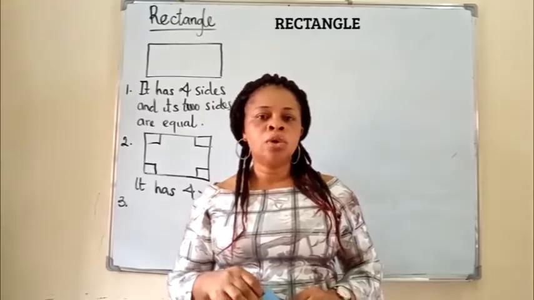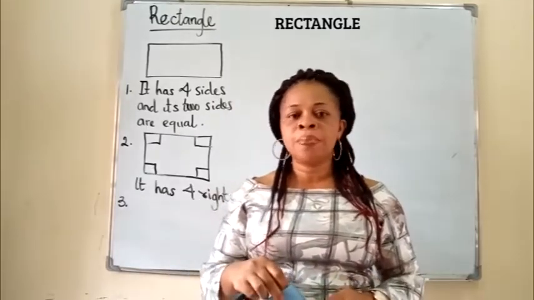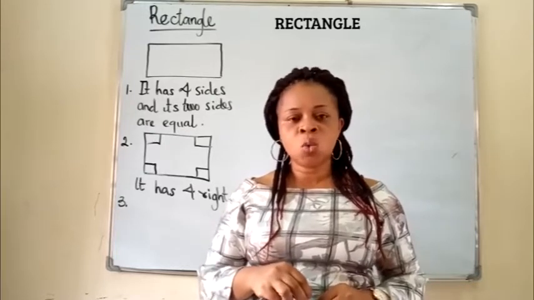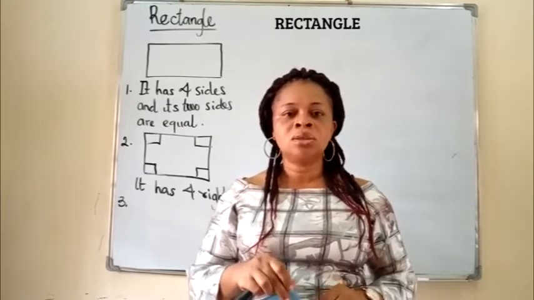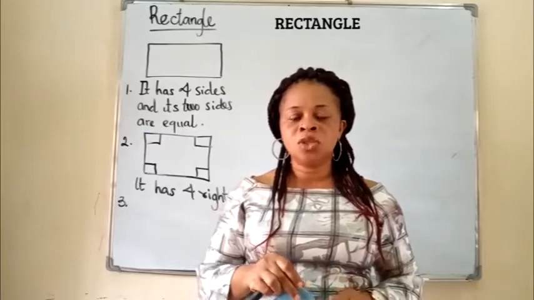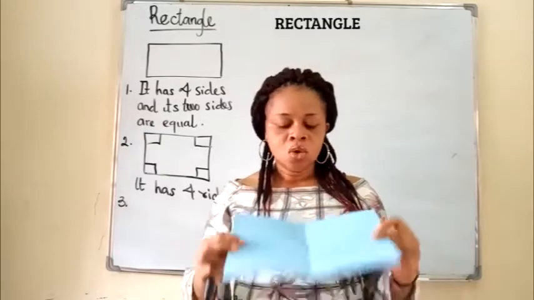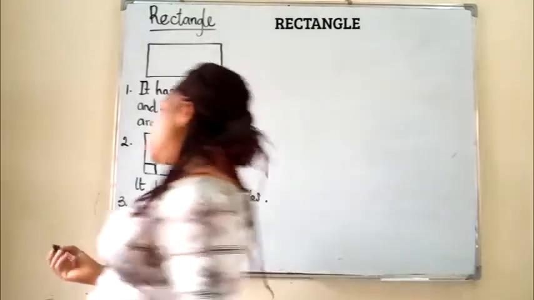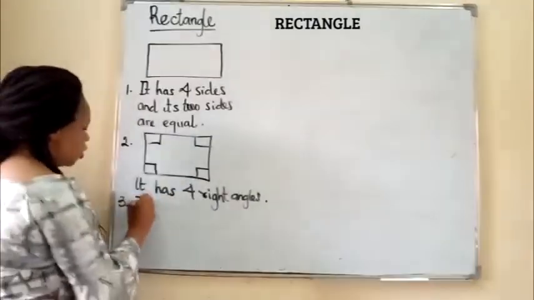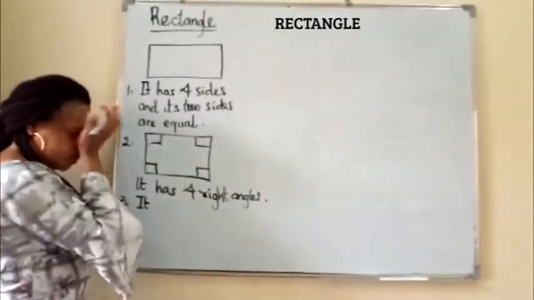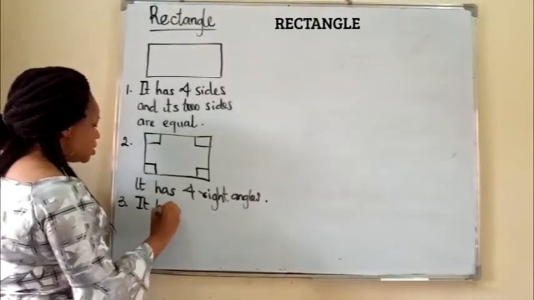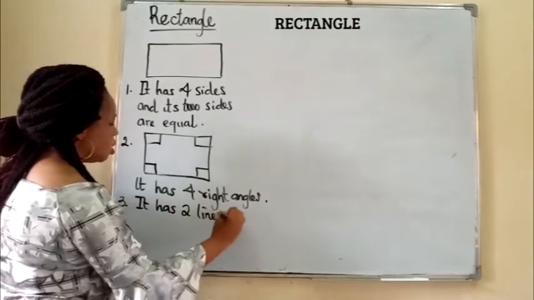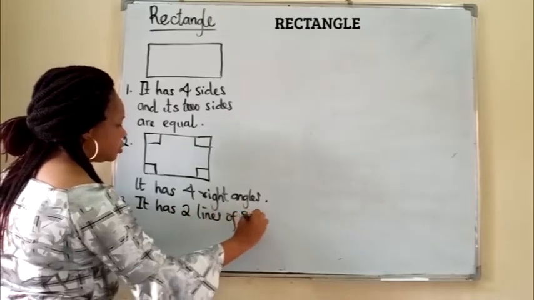If you want to know about the properties of a square, you can watch my video on squares. But for this rectangle, we say it has only 2 lines of symmetry. So that brings us to property number 3 of a rectangle. It has 2 lines of symmetry.